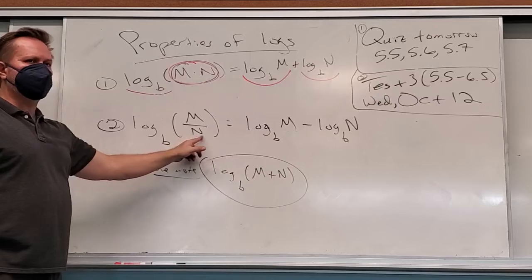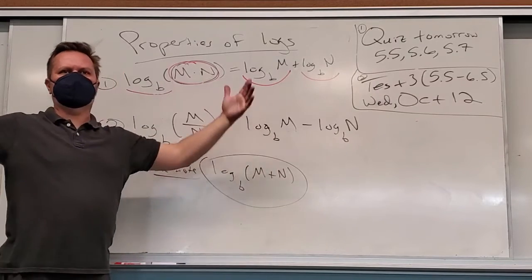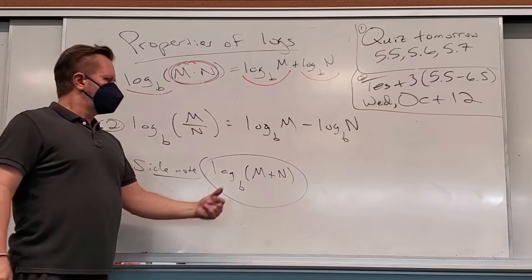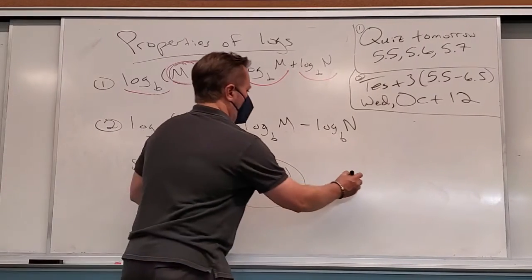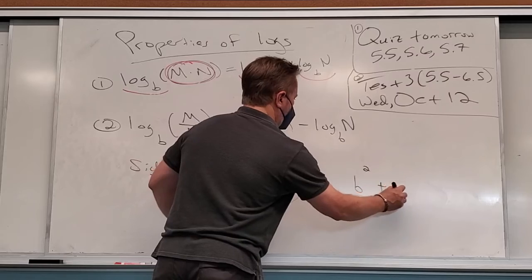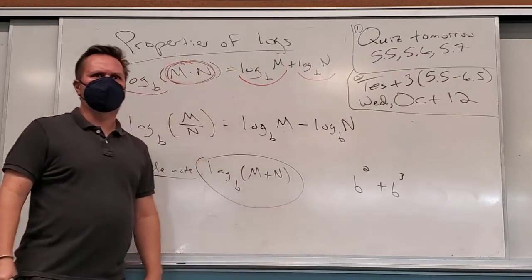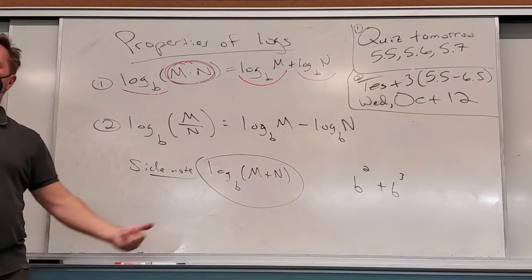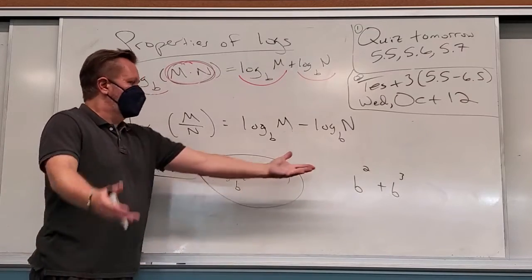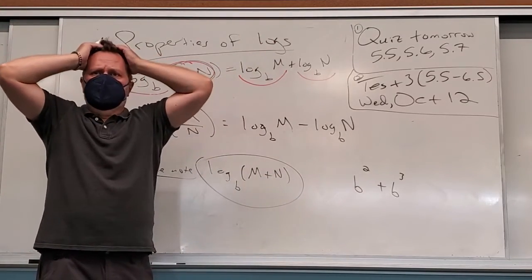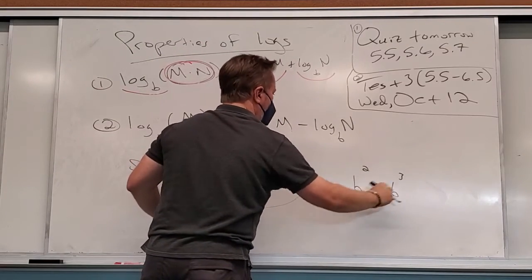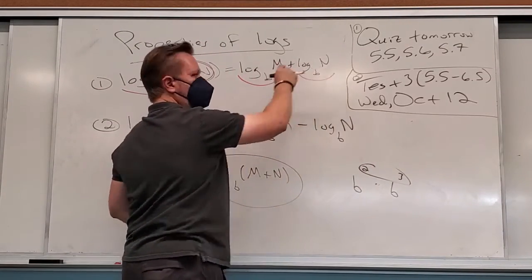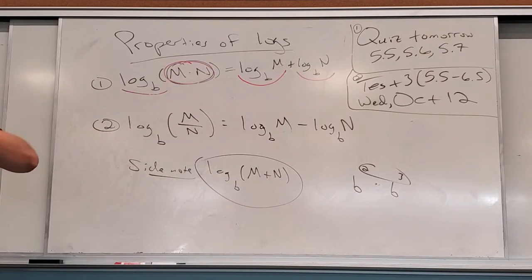If the inside's a division, I can break it up. Here, the inside's a sum. I don't know what that is. What do I do when I add two things with like bases? So, what is b squared plus b cubed? Can you do anything with that? No. When I add two things with like bases, I can't do it. But when I multiply two things, then I can add the powers. Do you see how it doesn't work both ways?